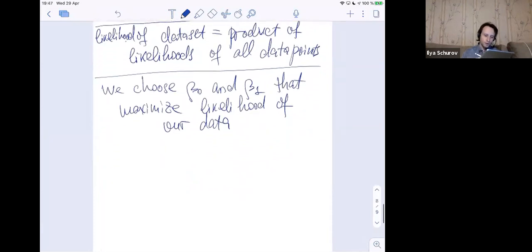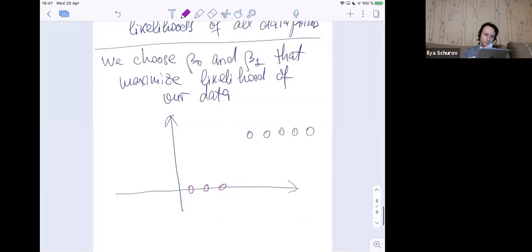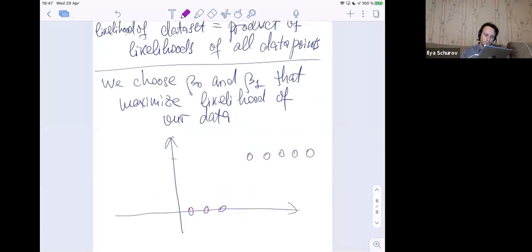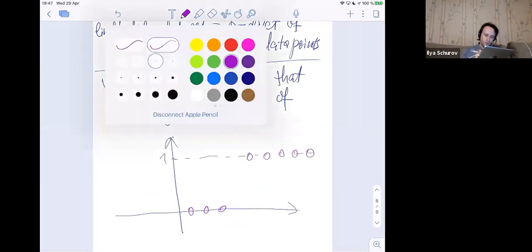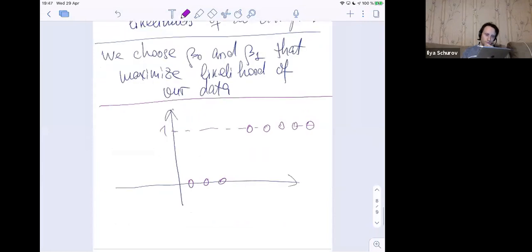So let me check that the idea is clear with the following important example. Let me assume that my data looks like this. What can you say about the value of beta 1?